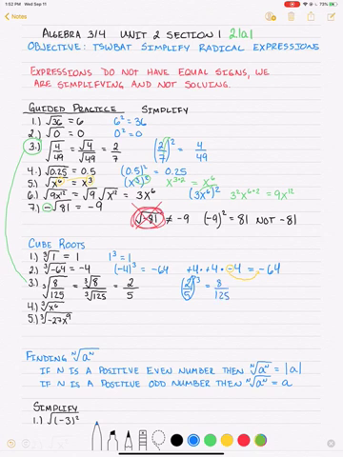If you're not sure how to put a cube root in a calculator, what you can do is write down your numbers. For example, if I'm taking the cube root of 8, in my calculator I could type 8 raised to the power, that little caret button, of 1 divided by 3.